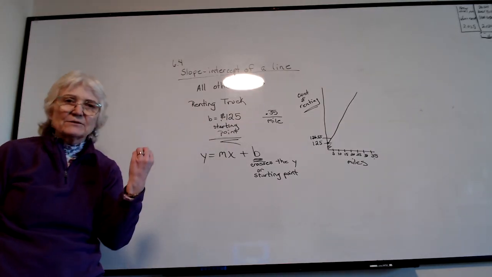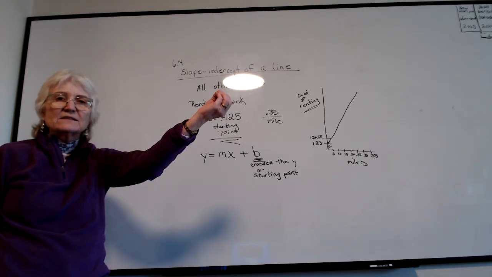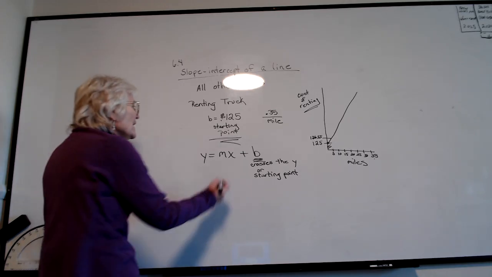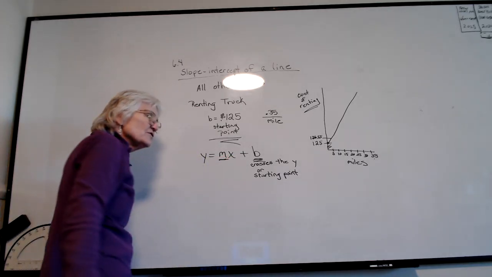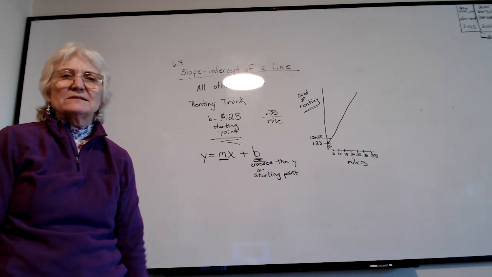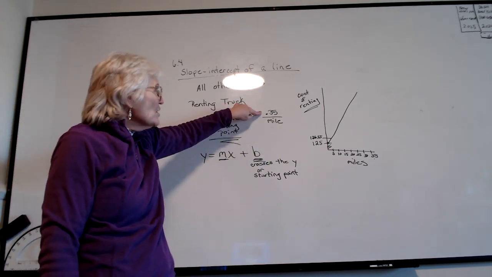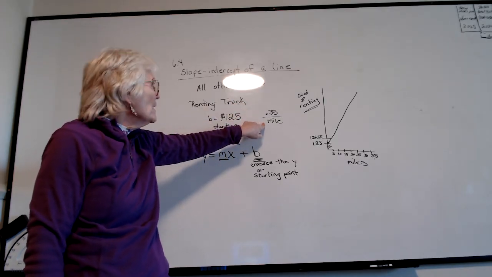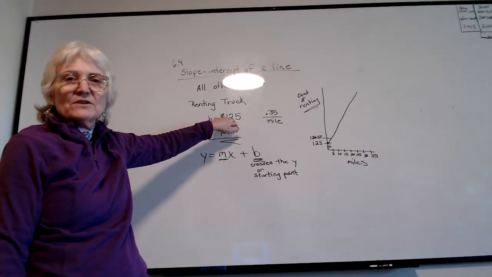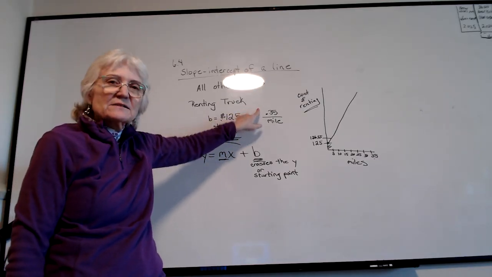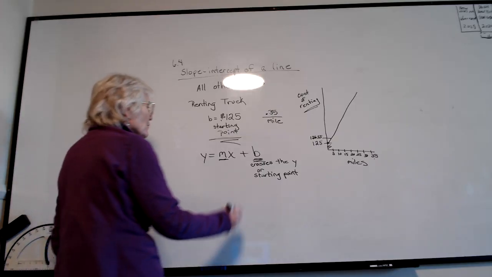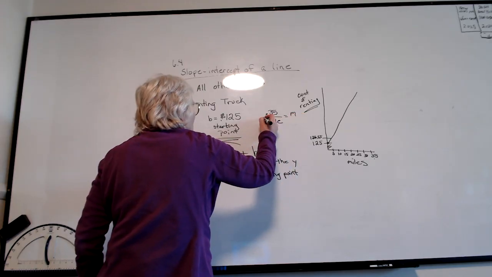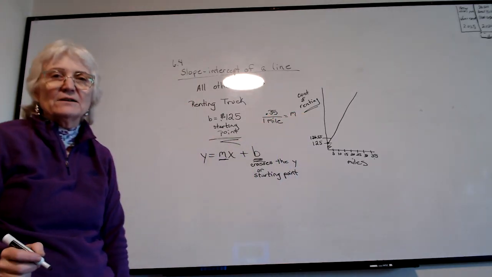It's where 0 miles driven, you pay still $125. It's usually called the basic rate. Here is my rate of change. I'm really given that because it says they're going to charge me 35 cents for every mile I go. So they're going to charge me $125 plus 35 cents per mile. 35 cents or 0.35 is actually our M. It would be over 1 mile because it's per 1 mile.